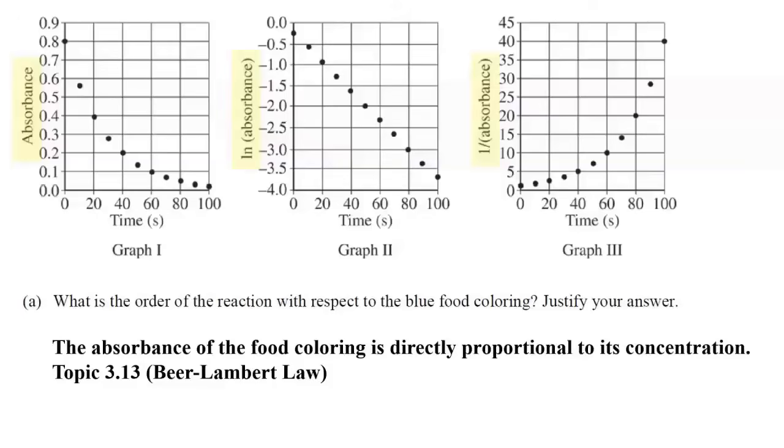So remember that from topic 3.13, which is the Beer-Lambert law, also known as Beer's law, the absorbance of the food coloring is directly proportional to its concentration. So as the absorbance decreases, so does the concentration decrease. The only graph that we're looking at that is actually a straight line is the one that shows natural log of absorbance on the y-axis.